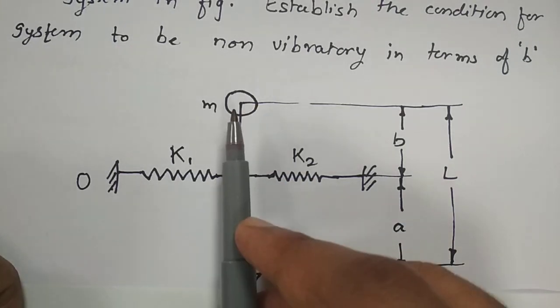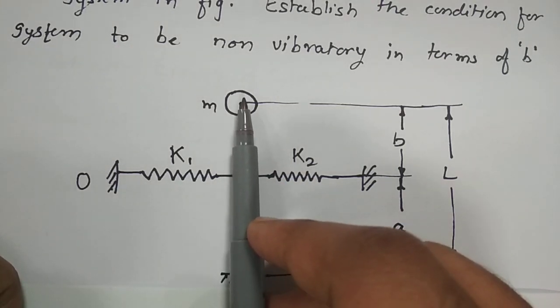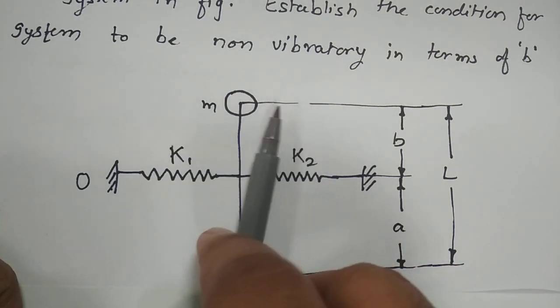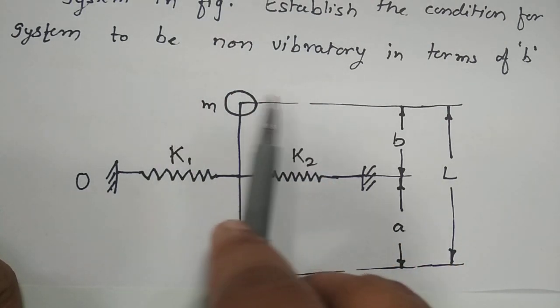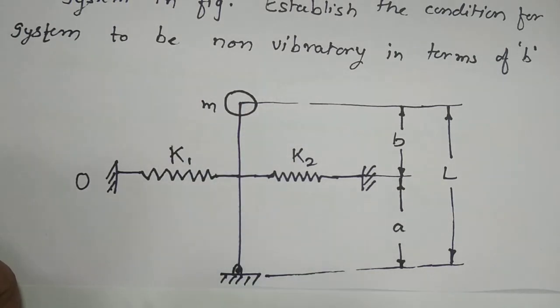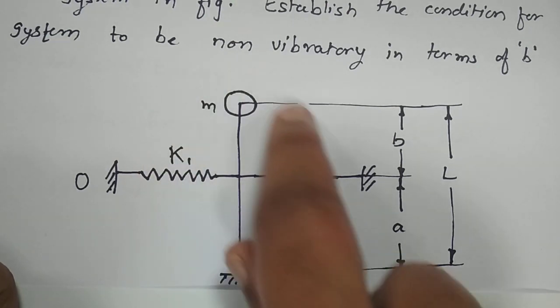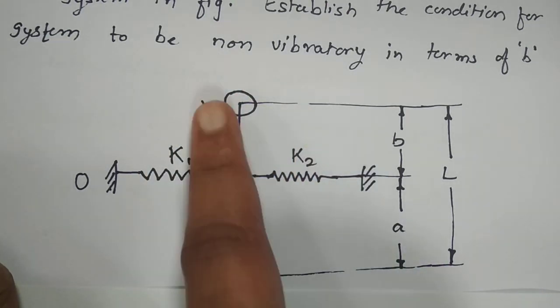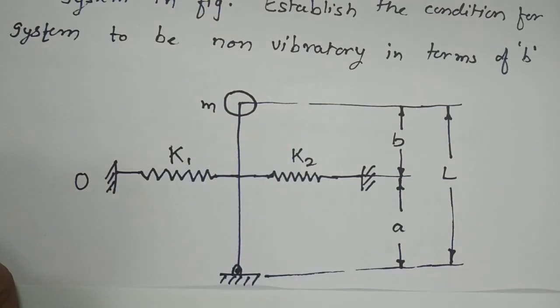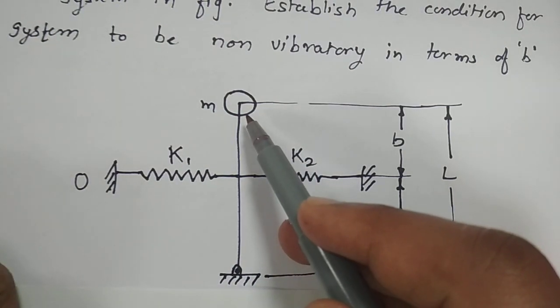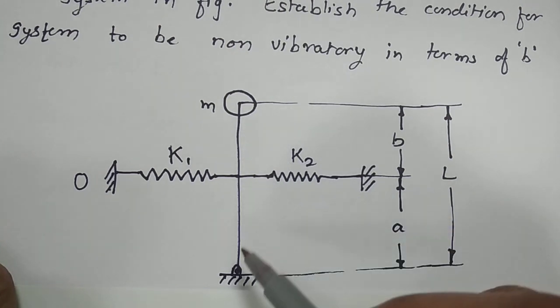At the same time, this mass is rotating, so there is rotary kinetic motion, and we have to consider the kinetic energy of the mass.